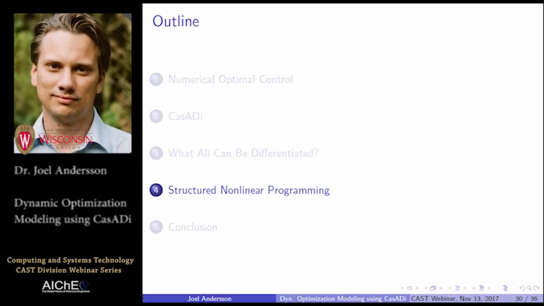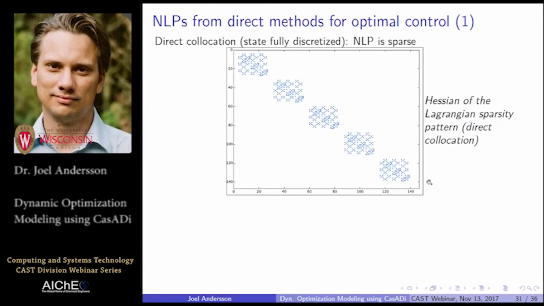The last thing I want to talk about is structured nonlinear programming. I talked a little bit about the kind of NLPs that we get from direct multiple shooting and direct single shooting methods. So what does the structure look like? Well, if you look at the Hessian of the Lagrangian, it will typically have some sort of block structure, or if it doesn't have a block structure, you can typically reformulate the problem so that you get a block structure.